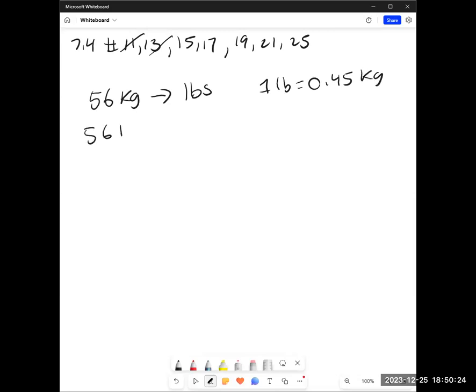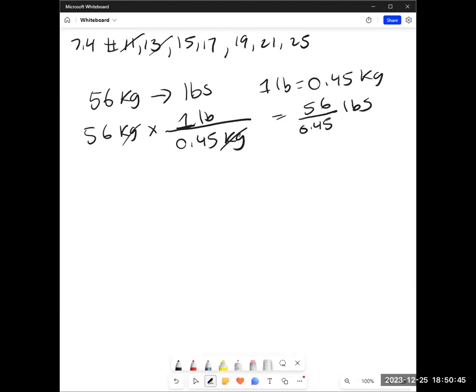So we have 56 kg times, and now we have the 0.45 kg on the bottom and the 1 pound on the top, which is the opposite way from how we had it in the past. Kg cancels, and this is going to be 56 over 0.45 pounds.